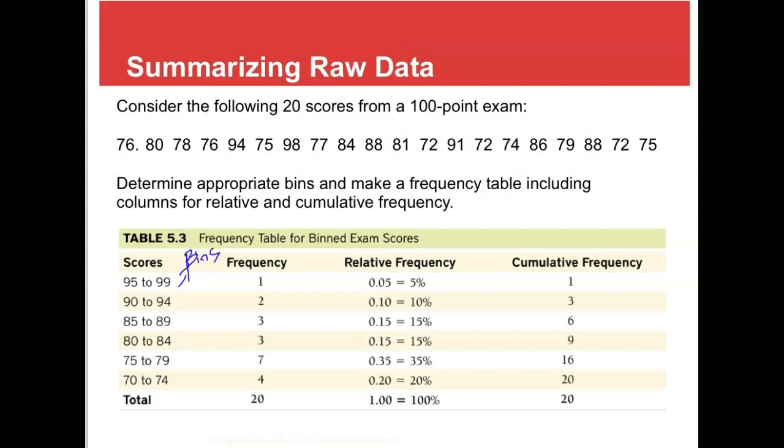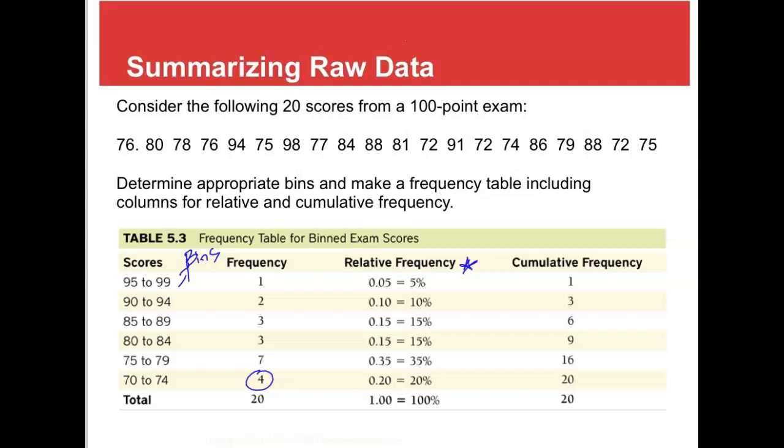And then I've counted up the frequency. So how many people scored from 70 to 74? 4 people scored between 70 and 74. And then I've created a relative frequency category where I take the frequency and divide each one by 20. And that's going to give me my relative frequency.